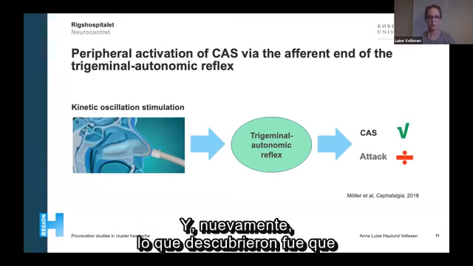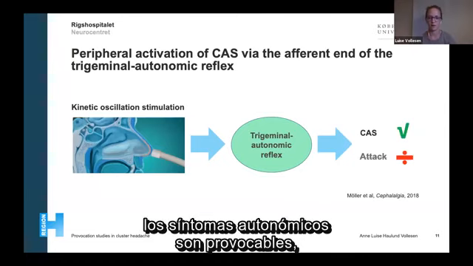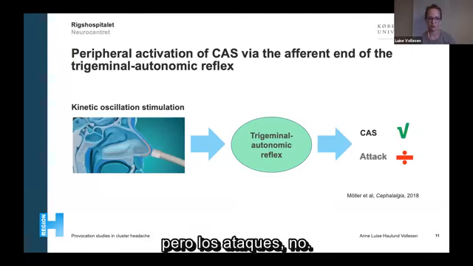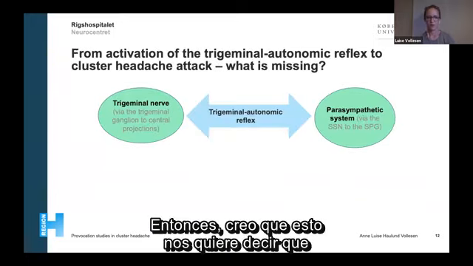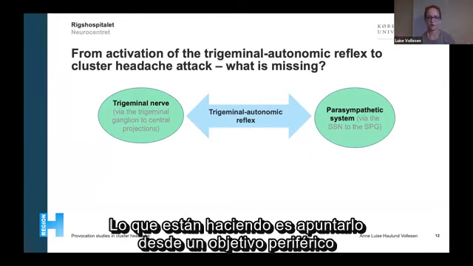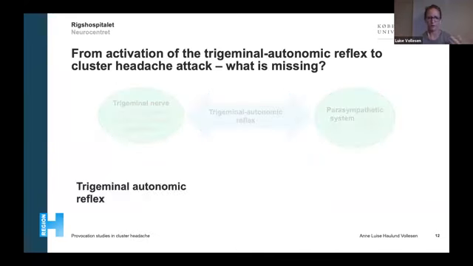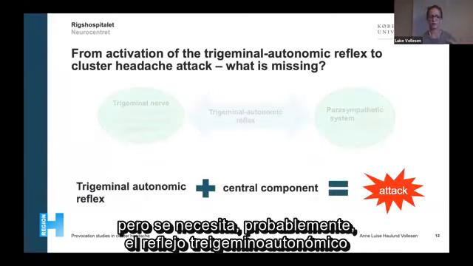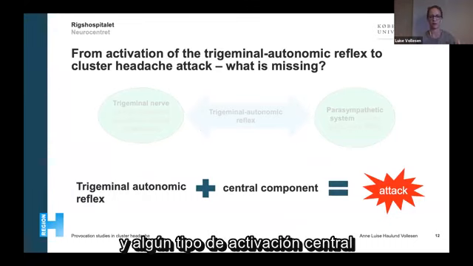And again, what they found was that the autonomic symptoms were provocable, but the attacks were not. And so I think what that tells us is that it's not enough just to activate this reflex peripherally. What they're doing is targeting it from a peripheral target, but you probably need the trigeminal autonomic reflex and some sort of central activation too in order for the attack to happen.